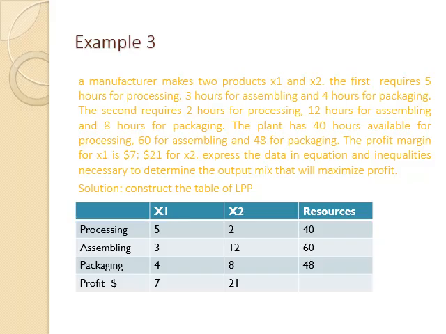In this case, the time available for the total processing, 40, the total time available for assembling, 60, and 48, the total time available for packing. This is our restriction. Now the first column indicates the 3 processes plus the profit.